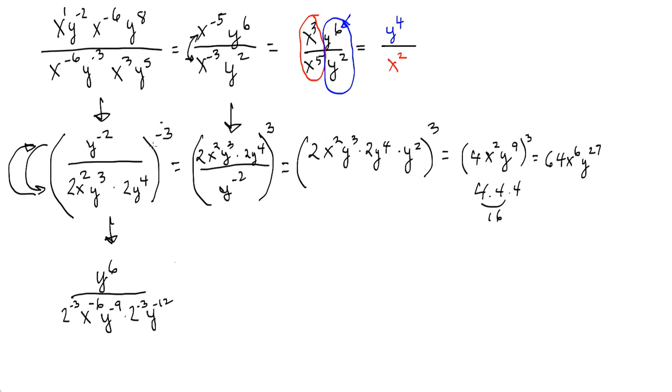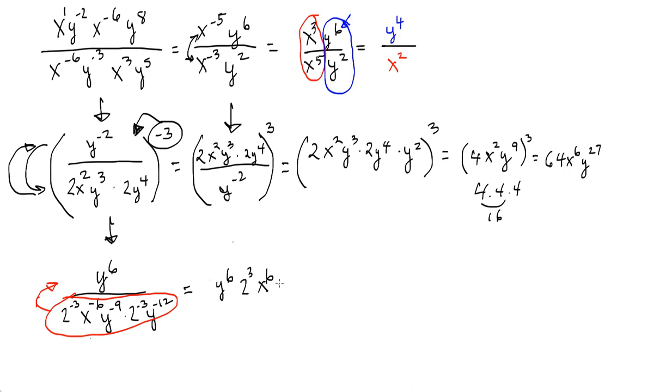All I did was take everything inside to the negative 3 power. Okay? What's my rule for negative exponents? I can take everything that's negative, and that's everything in this denominator, all of it, and move it to the top and make all of my powers positive. That's how we deal with negative exponents. So let's do that. We've got a y to the 6th that's already in the numerator. That gives me a 2 to the 3rd, an x to the 6th.